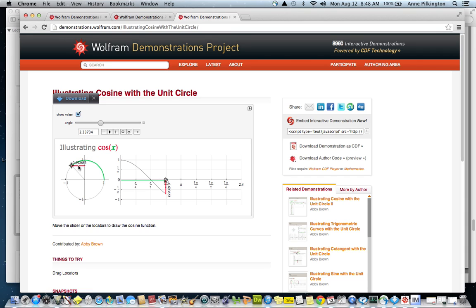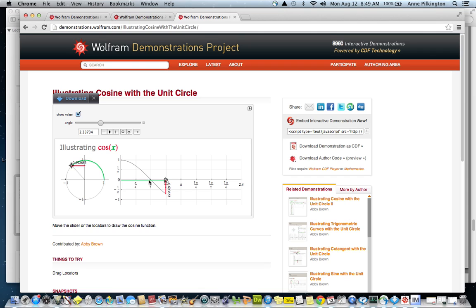Now, as the terminal ray of the angle moves into the second quadrant, the cosine, which is the first coordinate of this point, becomes negative. Its absolute value is the distance of the point from the y-axis, and that distance increases.